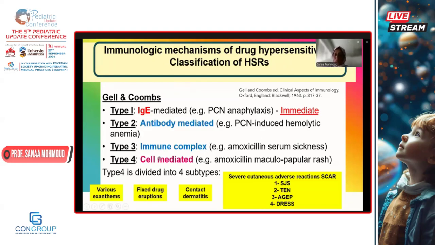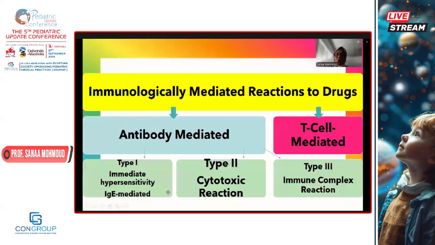Type 4 is cell-mediated, meaning T cells are activated. There are two major types of reactions, one with simple rashes and one with severe drug reactions. In between, there is a spectrum of fixed drug eruptions or contact dermatitis.